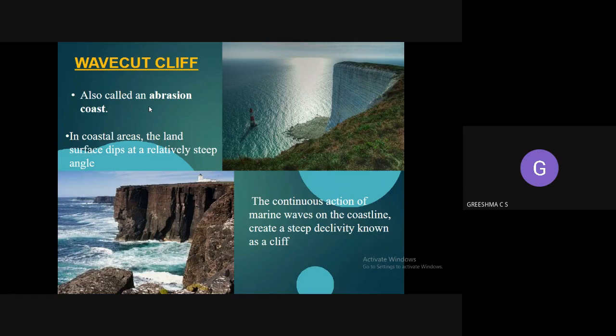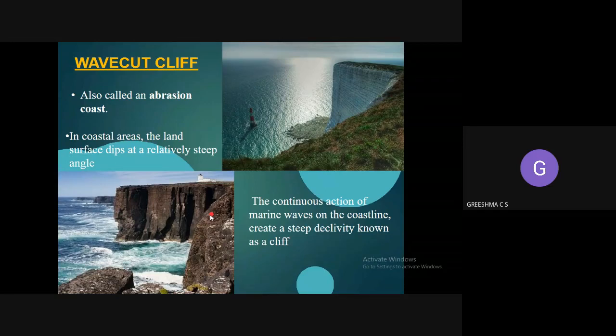Okay, so what basically is a cliff? Cliff is basically a rock mass which is very straight and almost vertical. This will be like a huge rock mass along the sea coast.